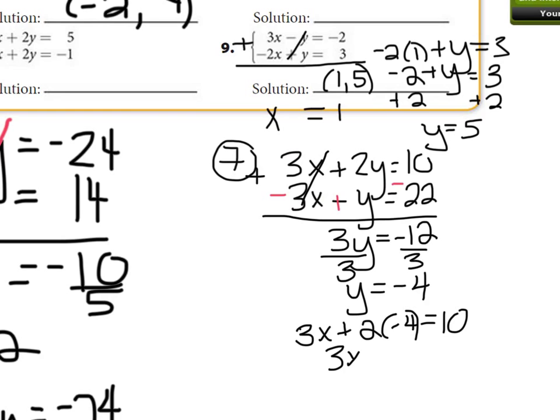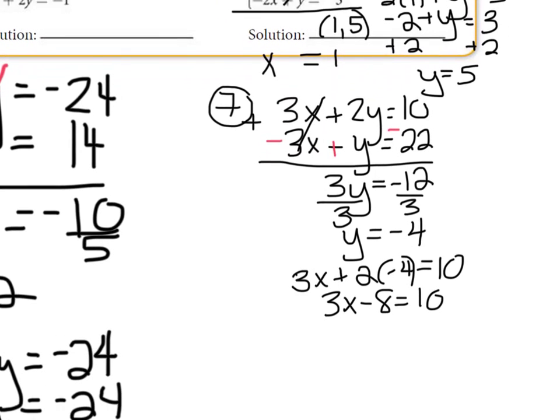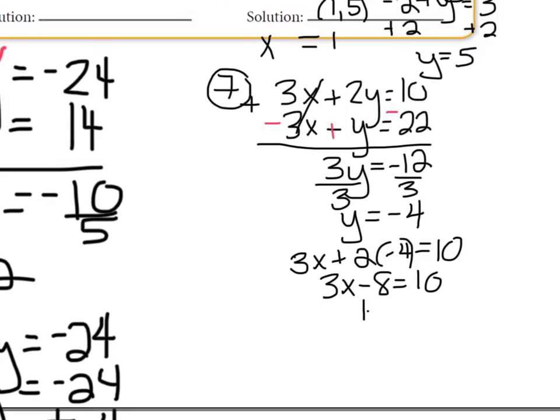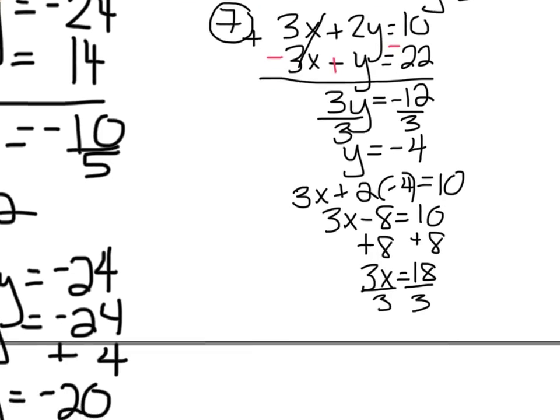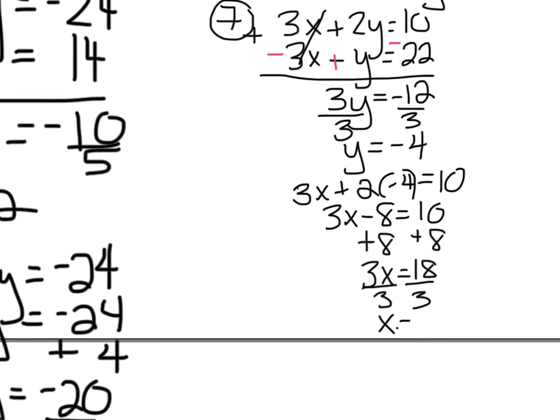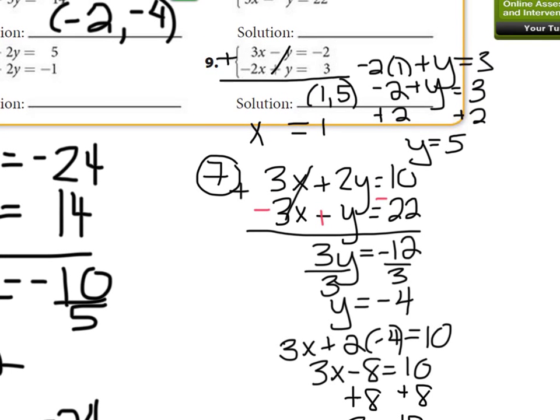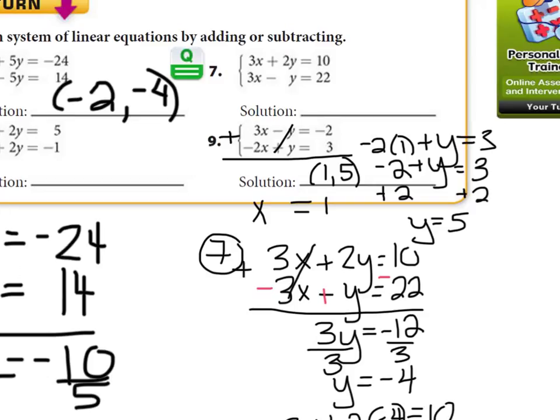So I now have 3x minus 8 equals 10. Add 8. 3x equals 18. Divide by 3. x equals 6. So for number 7, the solution is 6, negative 4.